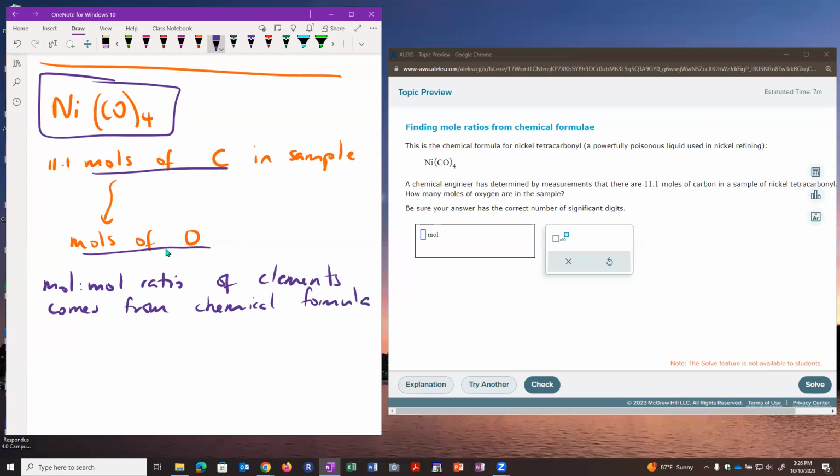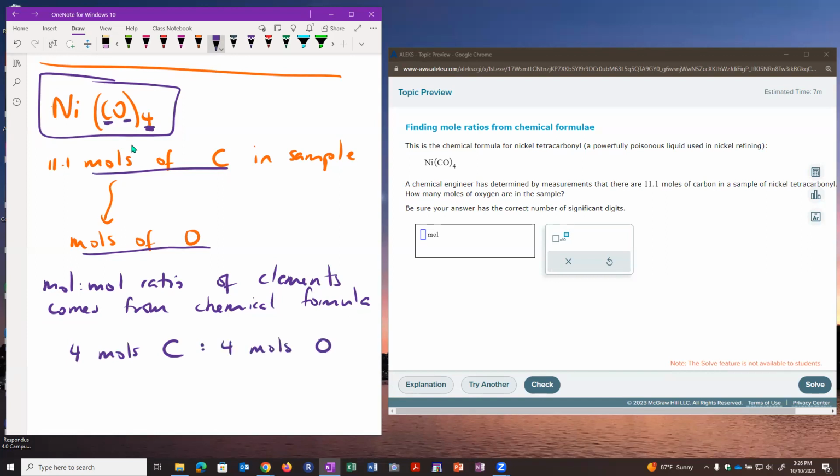So we're going to read the subscript specifically now, and we can see that for every one Ni(CO)4 that we have, 4 carbons. Okay, so we have 4 moles of carbon, is how we read that, for every 4 moles of oxygen.